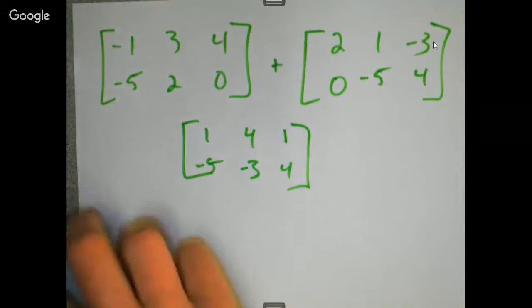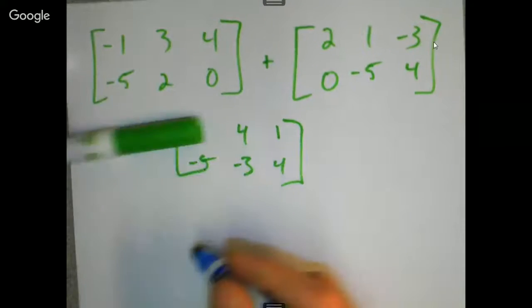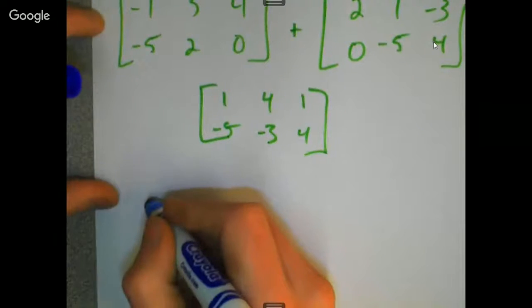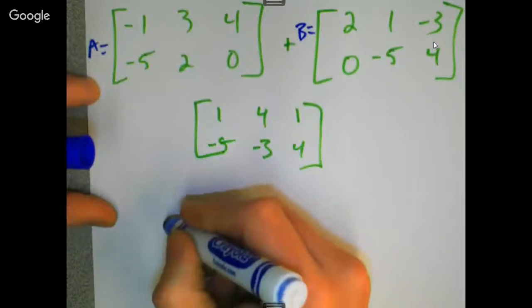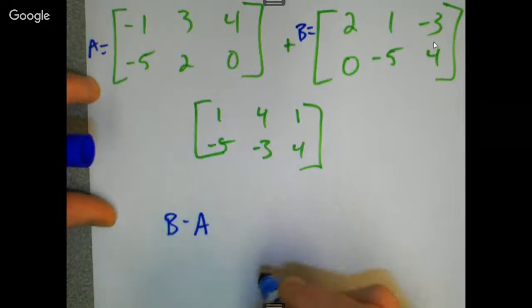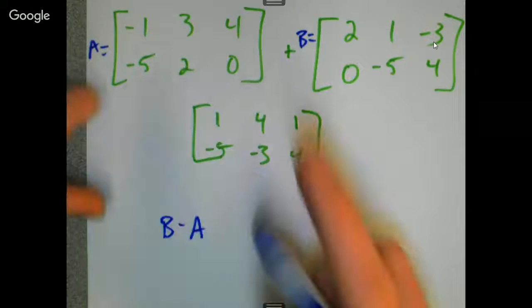When we subtract, a lot of times the problems will say that's matrix A, that's matrix B, find B minus A. So we got to make sure we go in the right order.